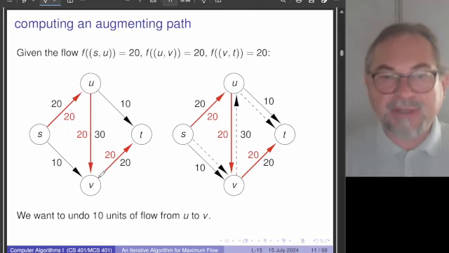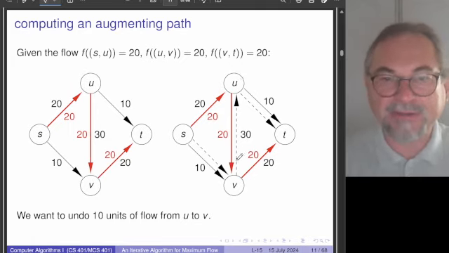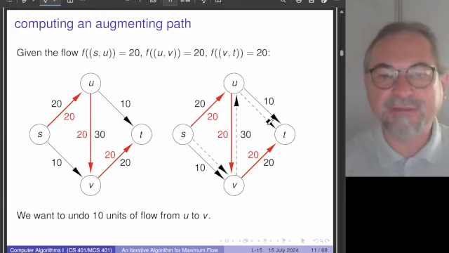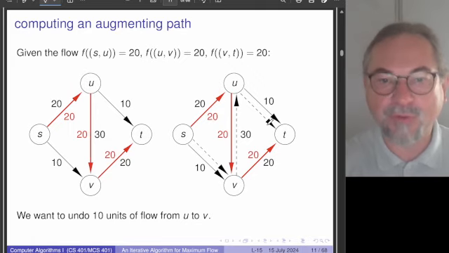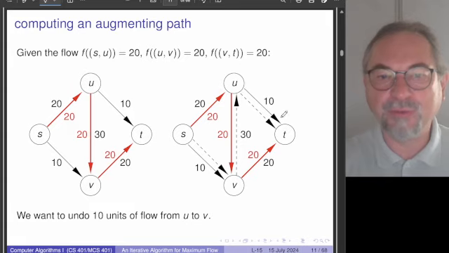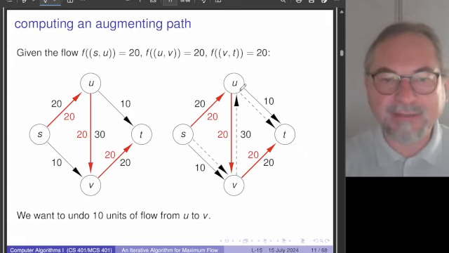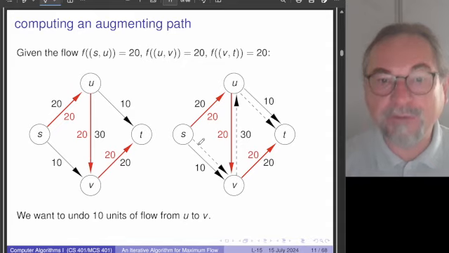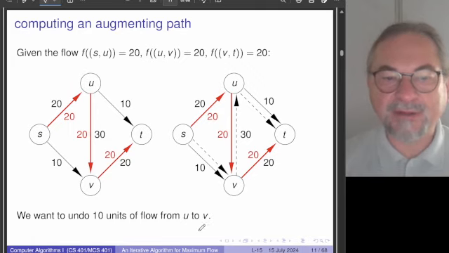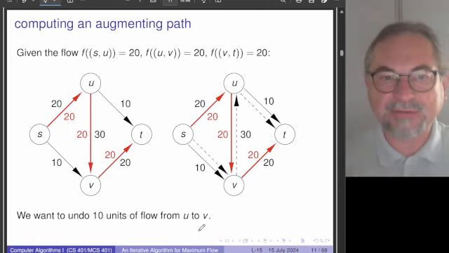That means that there is a fictitious edge that runs in the opposite direction, and that allows us to redistribute 10 units of flow from V to U to the sink. And in the dashed arrows here, you can see that there is actually room for an additional 10 units. The dashed arrows are what we will call an augmenting path.